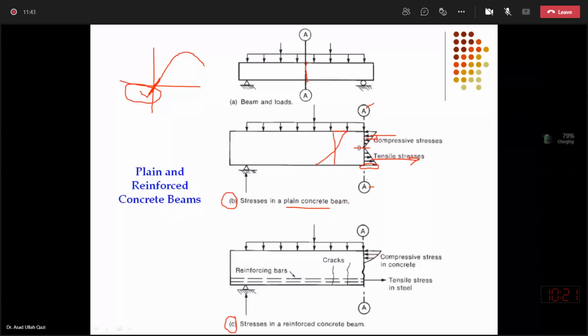But as we increase the load magnitude, the modulus of rupture will be reached and cracks will start appearing and moving up, and so will the location of the neutral axis. Earlier, the neutral axis was right in the middle, but with crack appearance and propagation, the neutral axis will start moving up.